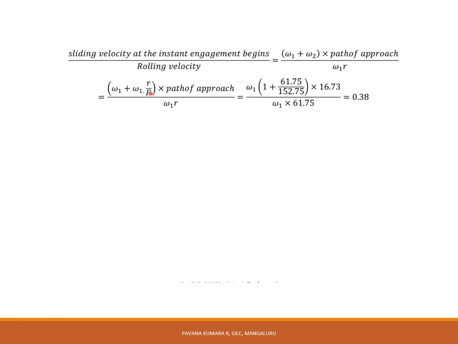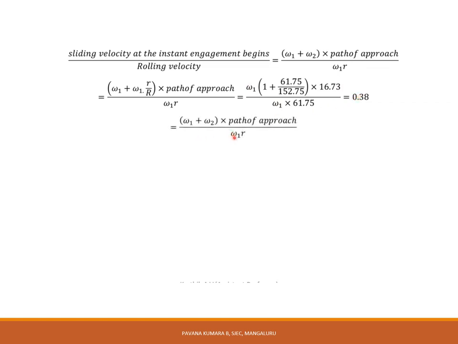Omega 2 is equal to omega 1 into small r divided by capital R from the previous slide, into path of approach, so just substitute the value here. Take omega 1 common outside, so 1 plus small r divided by capital R, into path of approach, which we have to find in the previous slide. Omega 1 cancels, and you will get the answer.